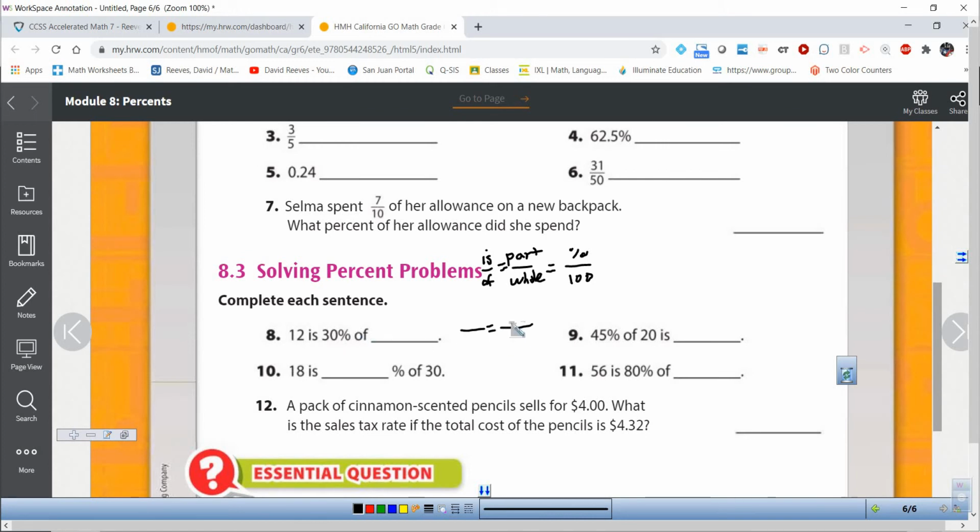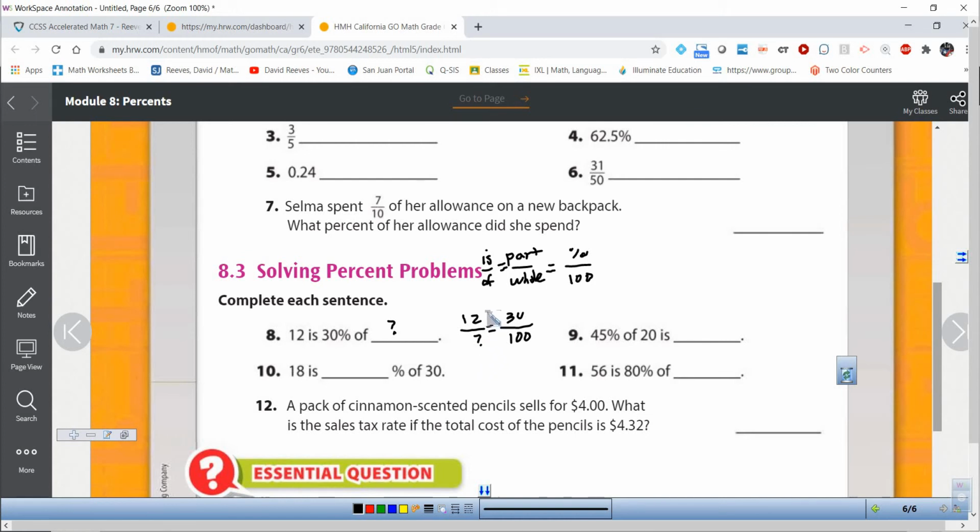I always think the percent part is easiest, so I know that 30% is 30 over 100. Notice the "of" we don't know, so that's our question mark there. We do know 12 is. So 12 is 30% of something. What is that whole part?